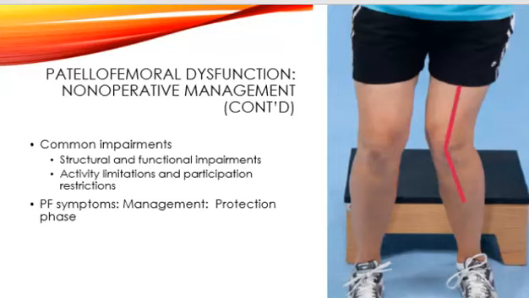Even if you had this individual ascend and descend stairs, and you see this increased Q angle from the hip to the knee to the ankle, you're going to try to help realign, and you're going to have to strengthen these hip abductor muscles, strengthen the quad muscles, and see how stable the patella is. If you do patella mobs and you realize that it's very hypermobile and they don't have a lot of stability, you're going to be doing different exercises with that.